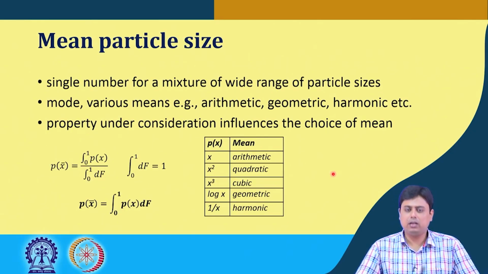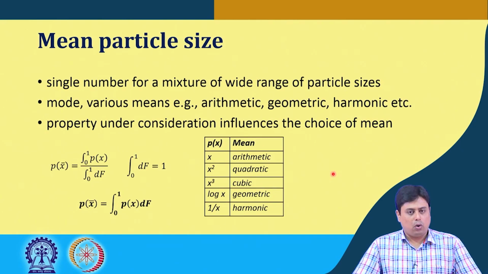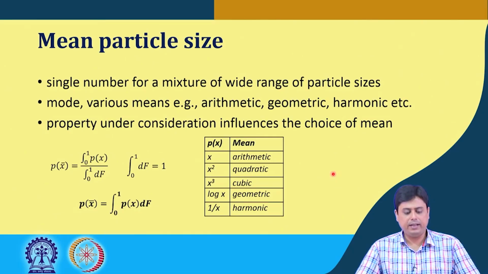For a given size range, there can be different means. Which one we should consider, or how we should choose, we will see in the coming slides and in the coming class as well. The property under consideration actually influences the choice of this mean, and how that happens we will discuss slowly.